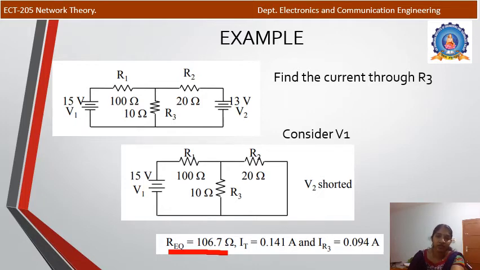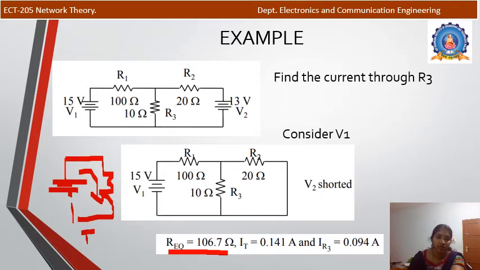So we get an equivalent resistance of 106.7. So the circuit will be like that, only a single battery and one resistance. So the current through this will be IT, that is IT is equal to 15 by 106.7.